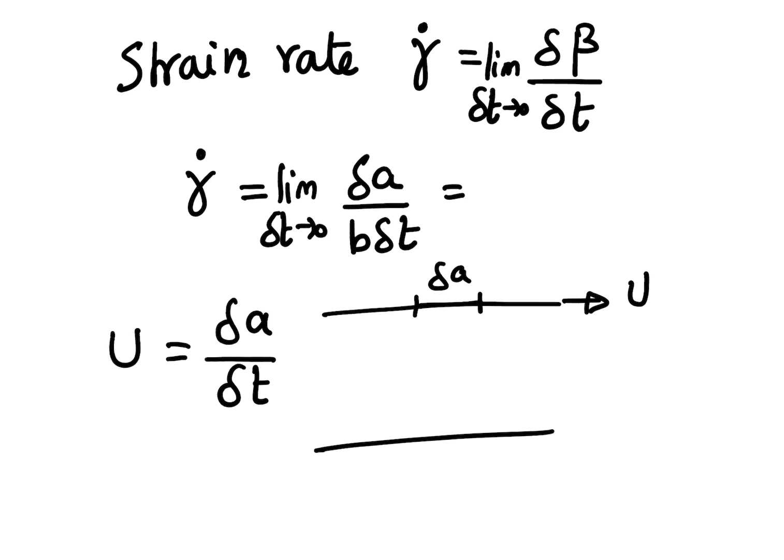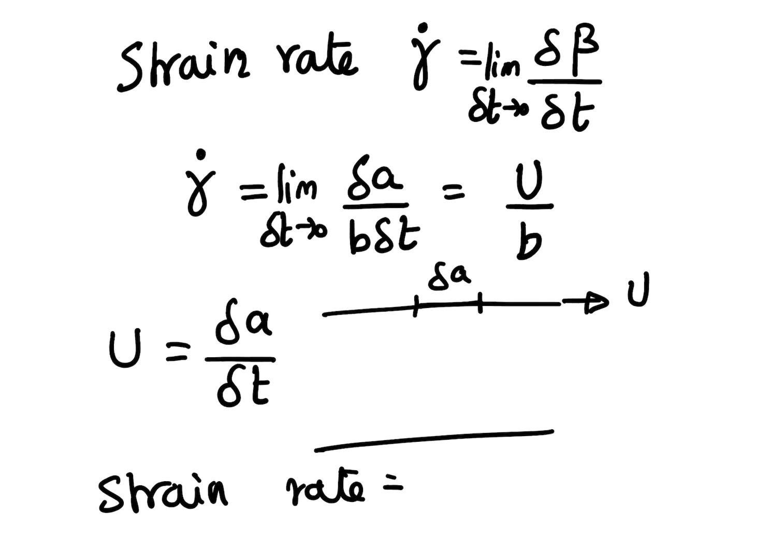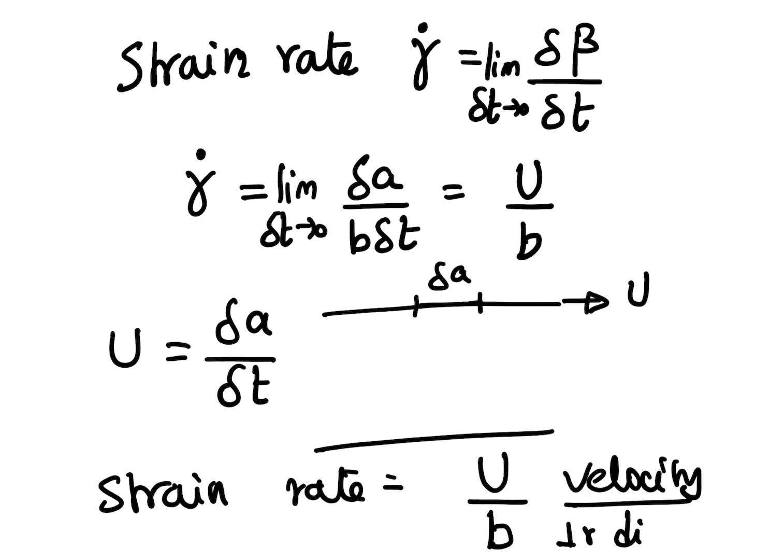So this would be U. So we have U divided by B. That is the strain rate. Simply put, it is the velocity divided by the distance over which the velocity varies: velocity divided by perpendicular distance.